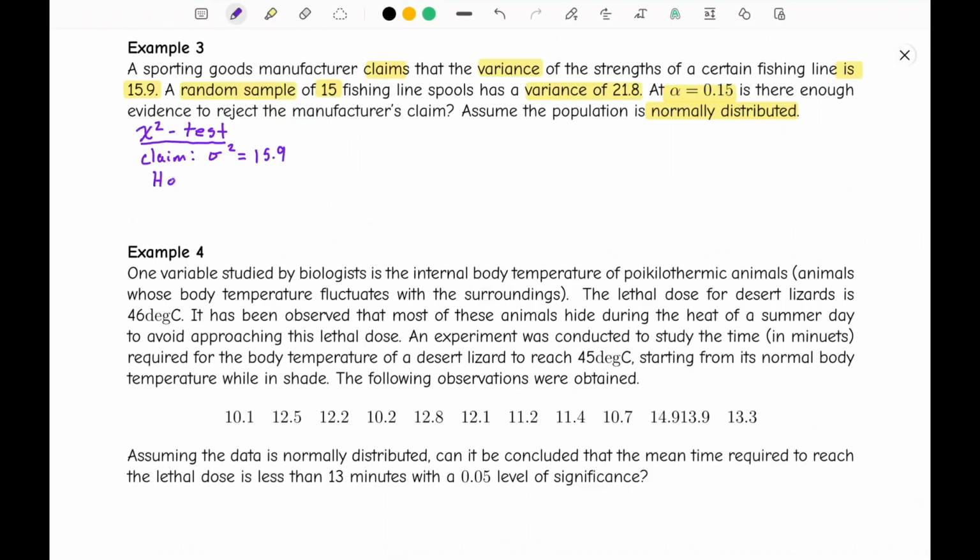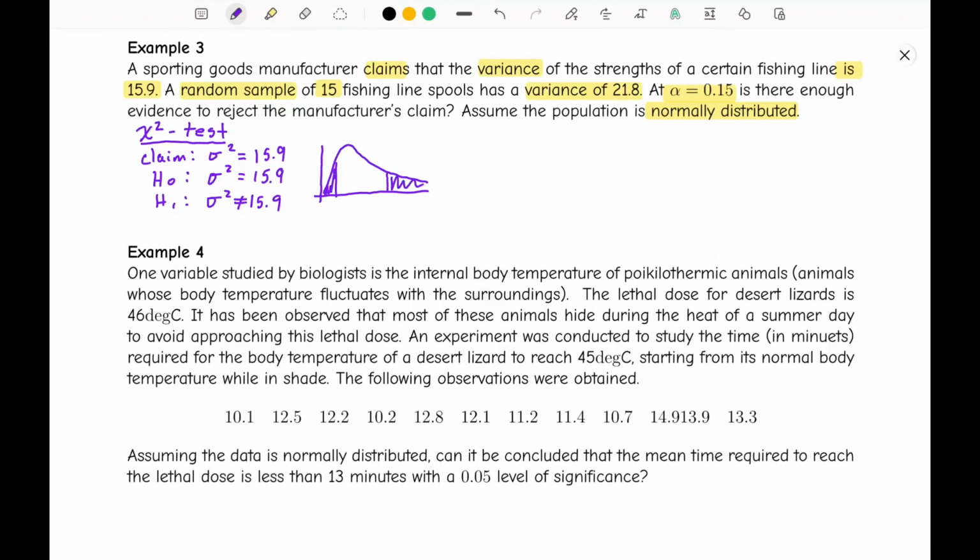Our null will be the same thing. And then our alternative has to be the opposite of that, so sigma squared not equal to 15.9. Thus, we get a two-tailed test. So I draw my chi-squared distribution, and it's a two-tailed test.